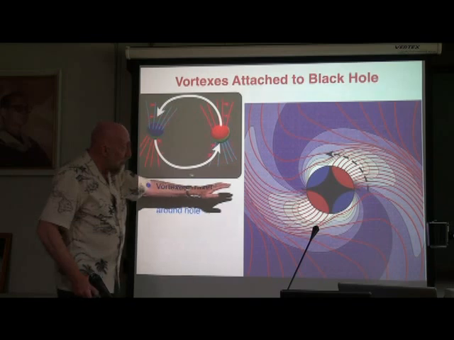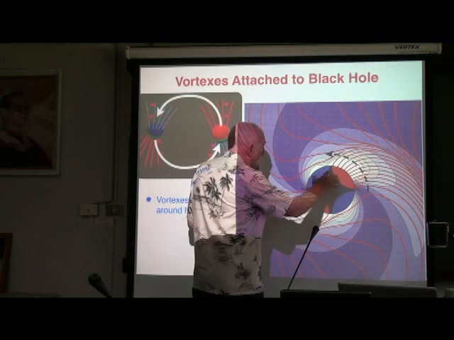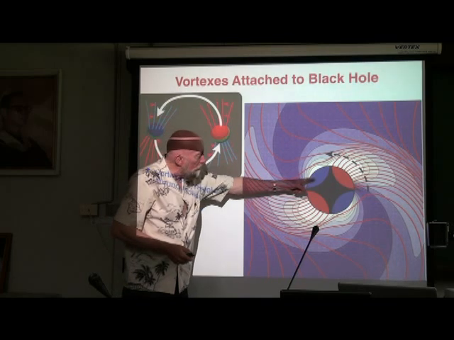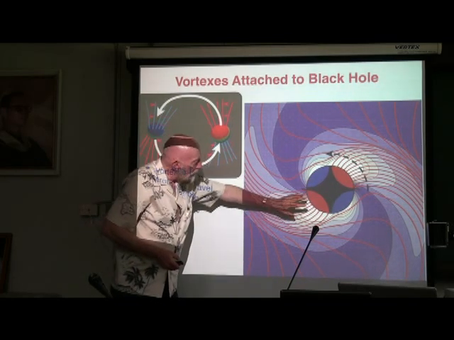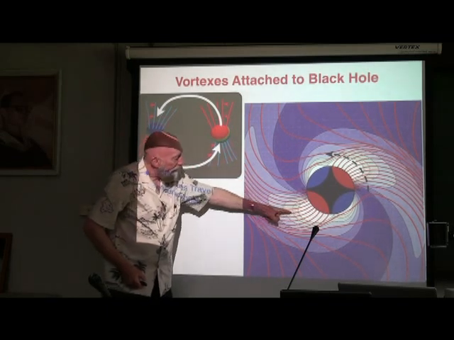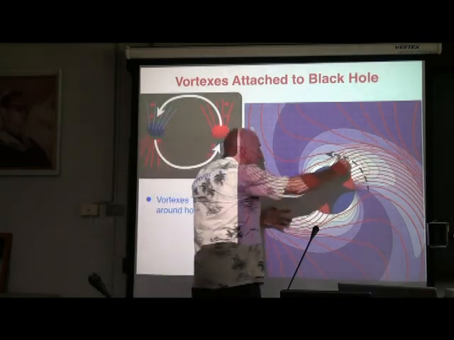Here is, in more detail, an example where I'm showing you just 2 of the vortexes that stick out of the black hole. I'm not showing you the blue vortexes. Here are the vortex lines. Here is the vorticity in color-coded contour diagram. So strong vorticity.